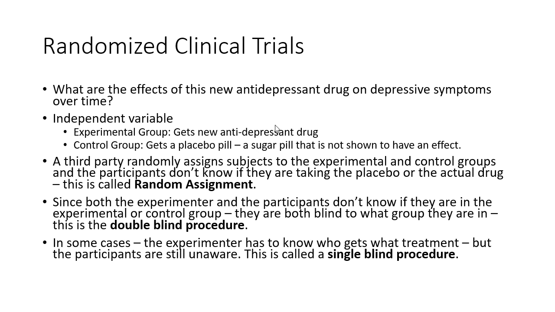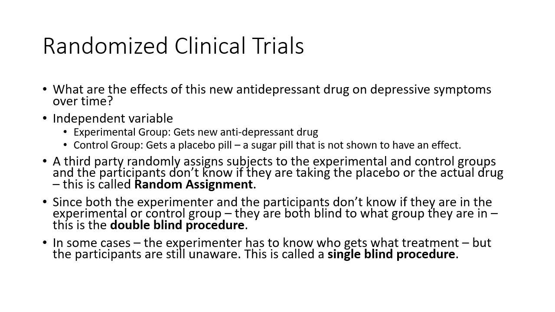The person may think, oh, I'm getting the actual pill, and so that may affect their performance. We know that the placebo effect is actually very strong. That's called the placebo effect: when you think the treatment's working, it actually does have a benefit. And that's why they use a placebo, because it teases out that part of people thinking, oh, this is working, and it's working.